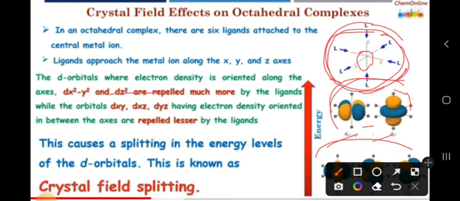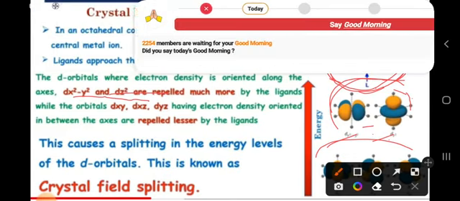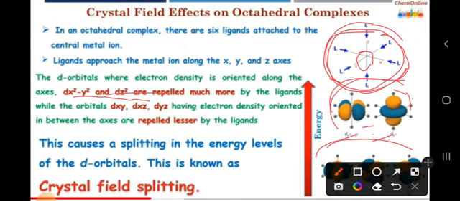Whenever the energy is increasing, it is divided into two sets. One is dx square minus y square and dz square. The other is dyz, dzx, and dxy, which have very little energy. So when ligands approach along the axis, the degeneracy will decrease. In crystal field theory, the degeneracy should be removed.